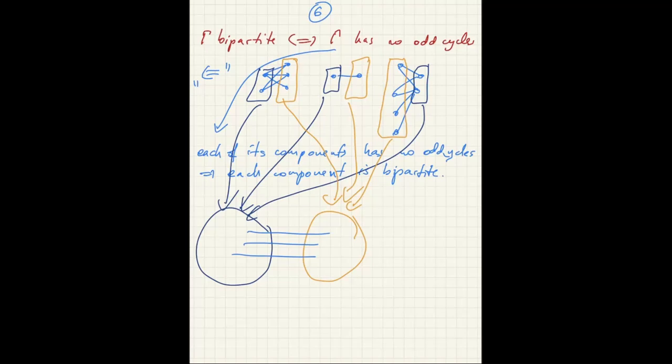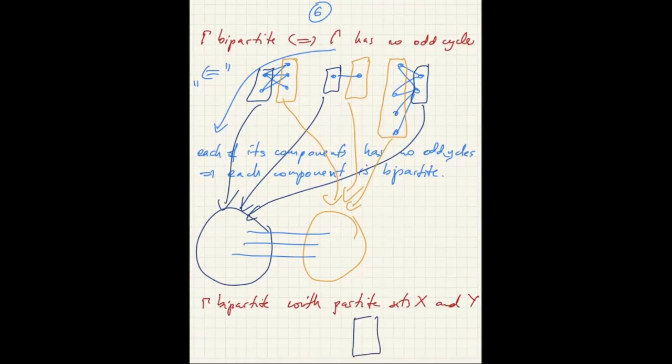Okay. Now, one more thing before we go. For bipartite graphs, if you have gamma bipartite with, let's say, partite sets X and Y, it makes it easier to figure out the number of edges.